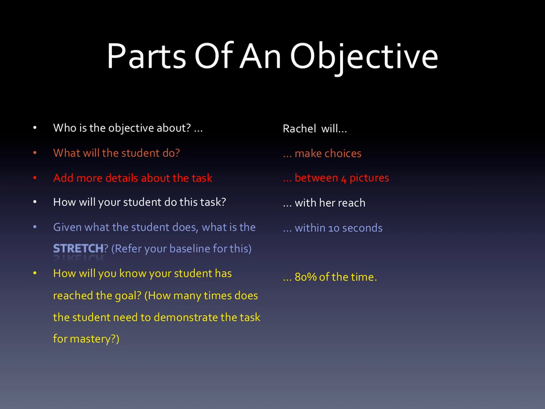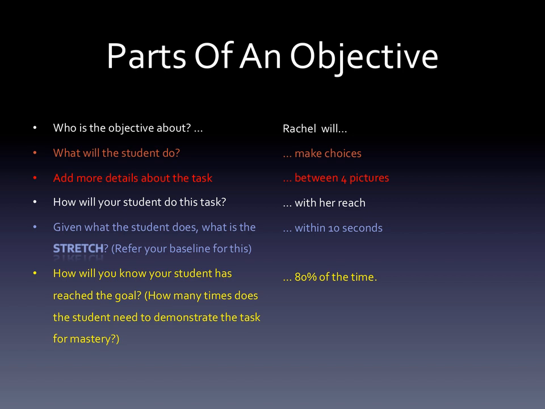Next, we need to determine what the learning stretch is for the student on this skill. This is where we turn to our baseline data collected prior to writing the objective. Perhaps the student can perform this choice-making task, but it takes 30 seconds, which is not realistic for peers to wait when communicating with a student.